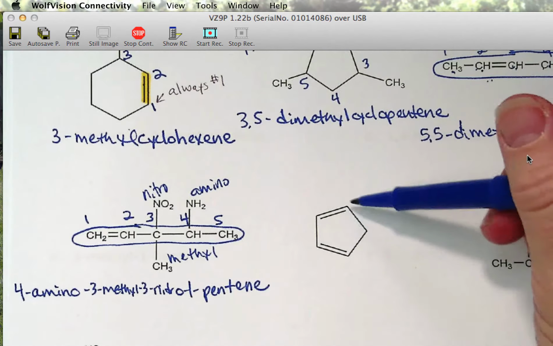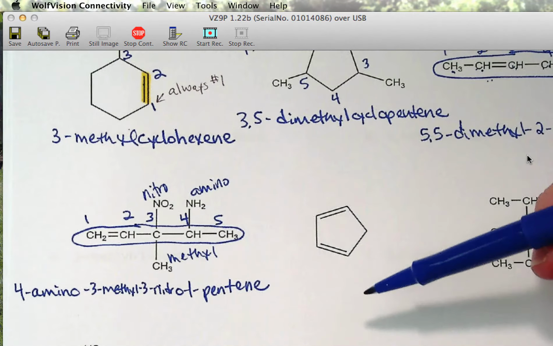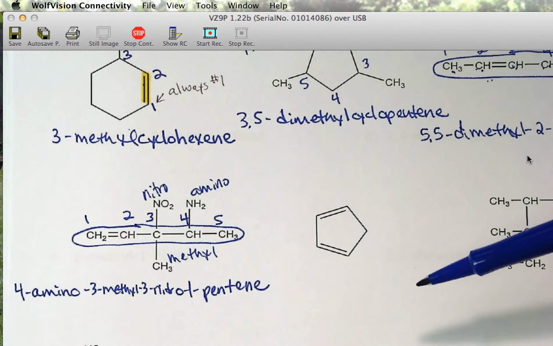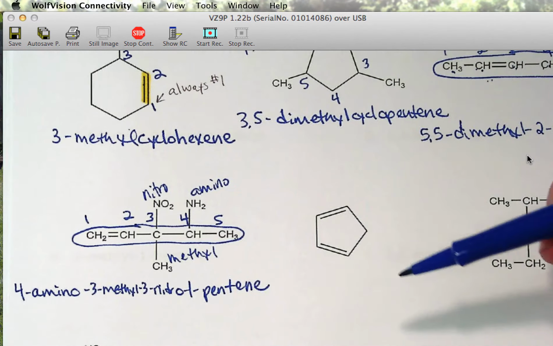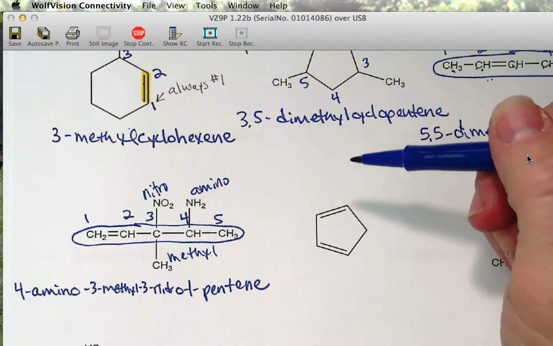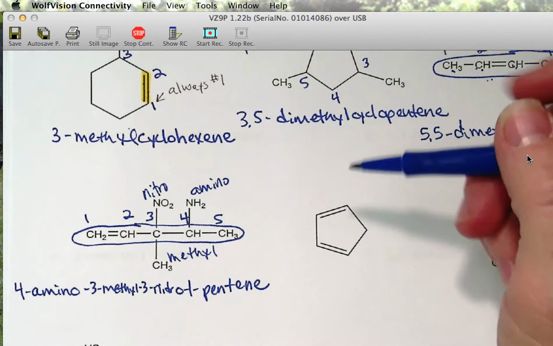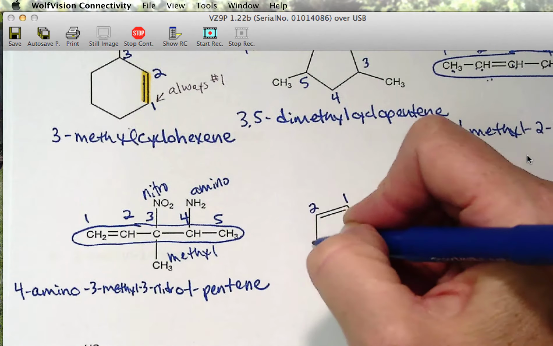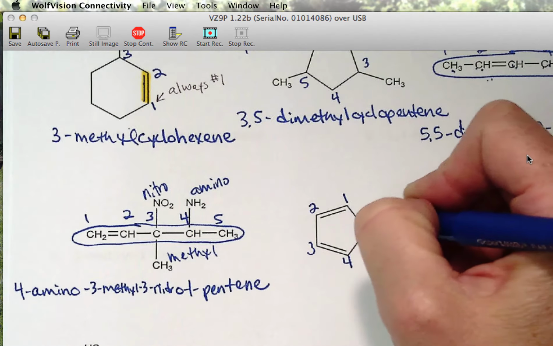All right, what is it called when you have 2 double bonds? Diene, right? So the double bonds take priority, and we're trying to give them the lowest number possible. The easiest way would be to start off with 1 and give that the number 1. 1, 2, 3, 4, 5.